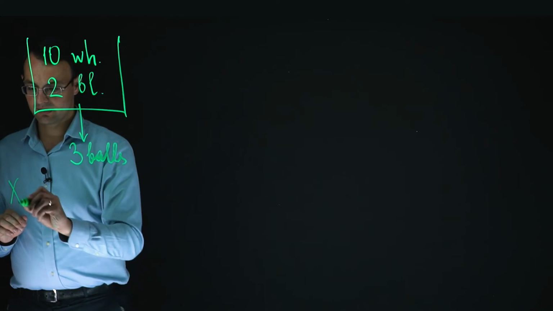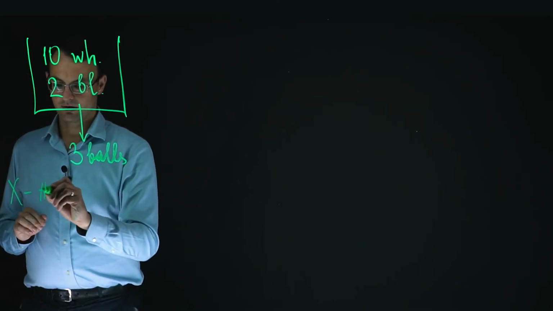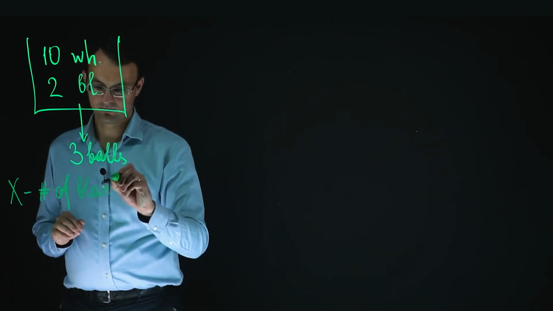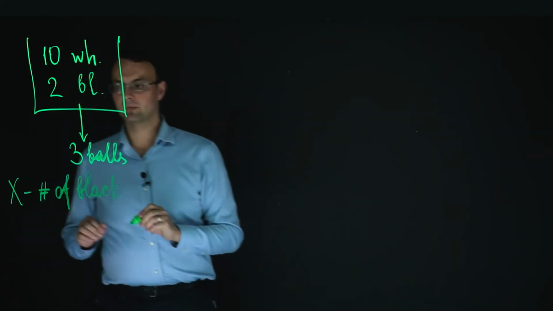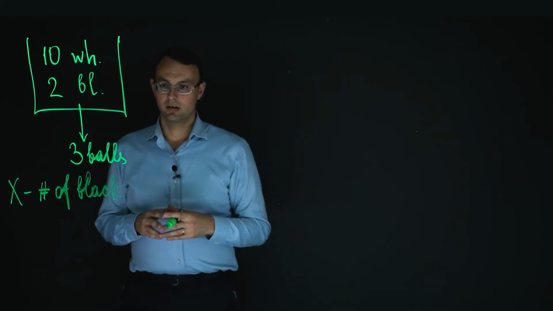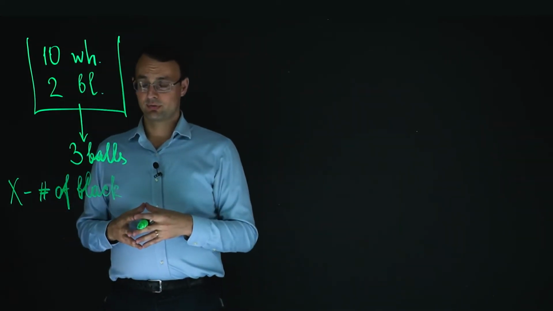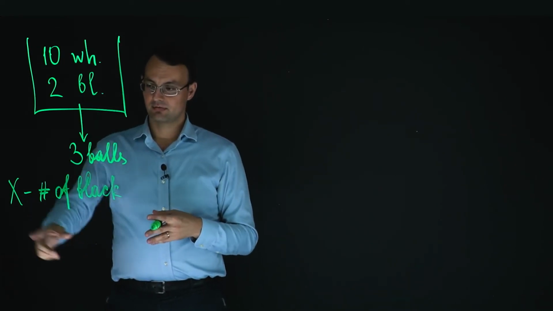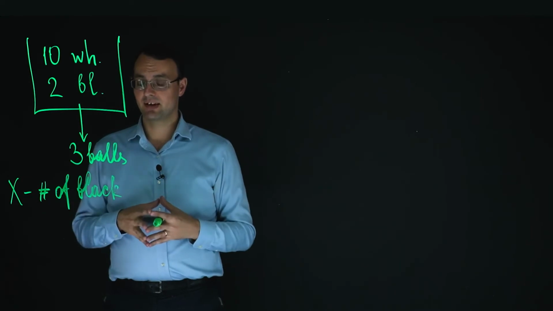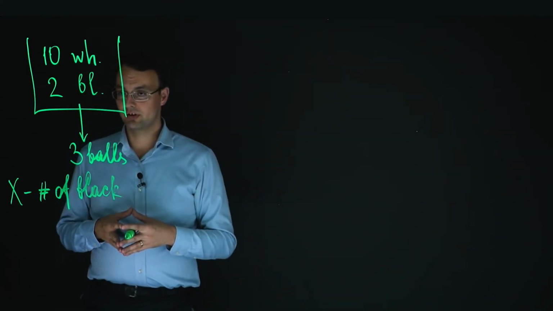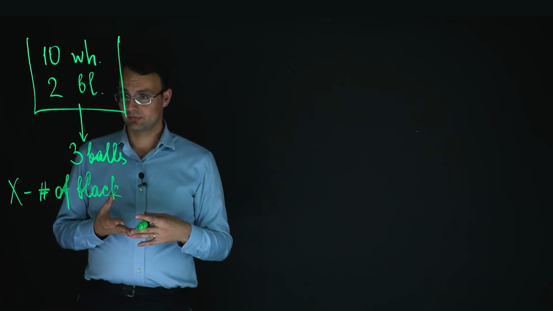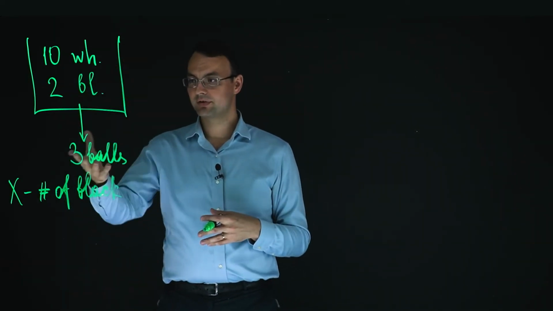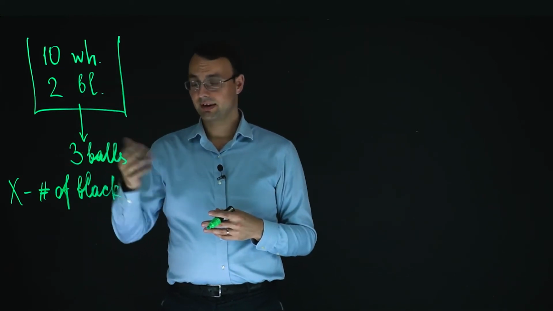So let X be the number of black balls in those 3 chosen. What values can this random variable take? Obviously 0 or 1 or 2. As I have only 2 black balls, there are no more than 2 in these 3.